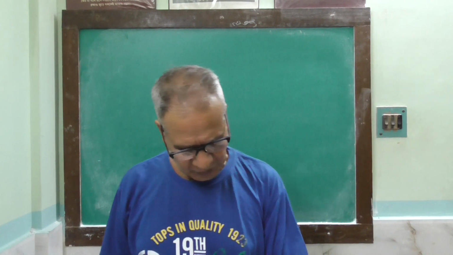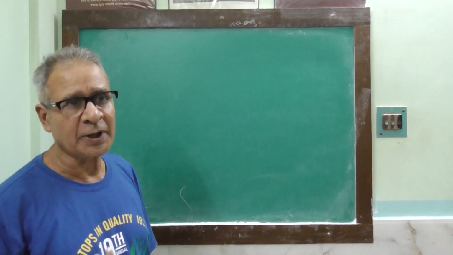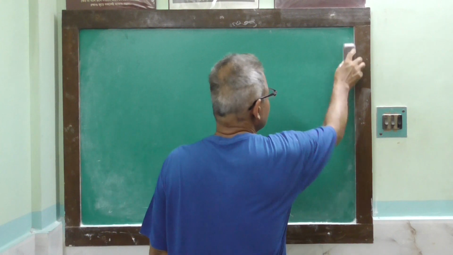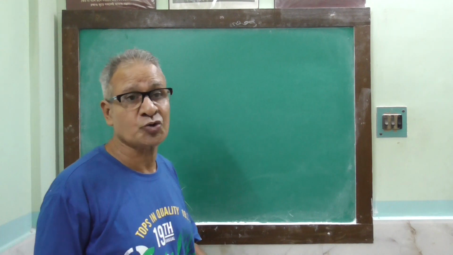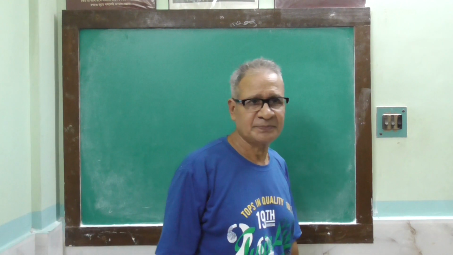And now we come to the structure of a chromosome. The chromosome structure can be discussed through the physical structure, that is morphological, and also the chemical structure. At first, the physical structure.